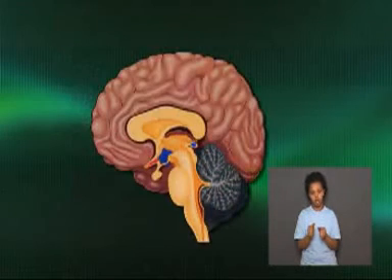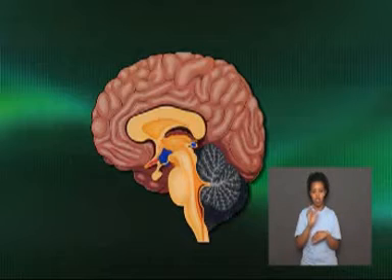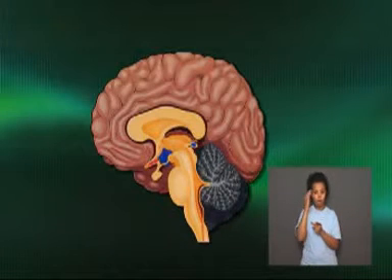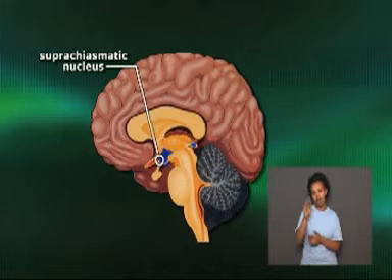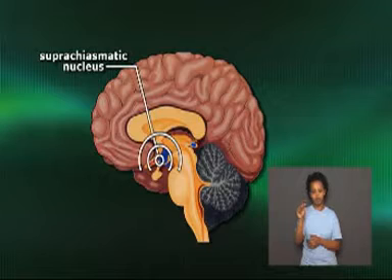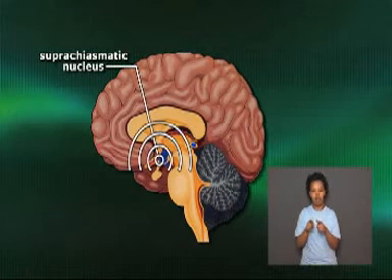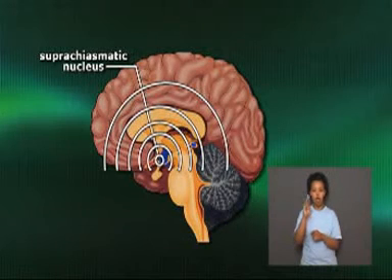In mammals, the biological clock is found in the small area of the hypothalamus of the brain. It is called the suprachiasmatic nucleus. This nucleus sends signals to a gland called the pineal gland, which secretes a hormone called melatonin throughout the body.